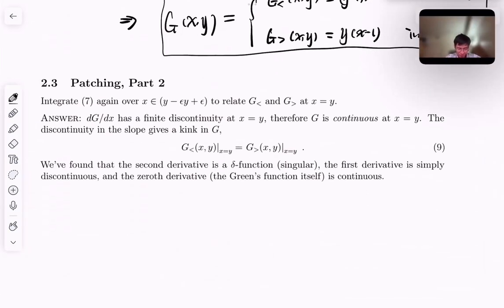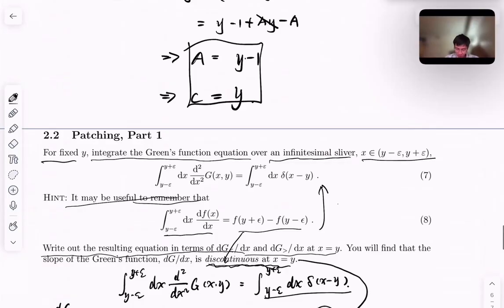And the final 2.3 section, patching part 2, integrate 7 again. Let me have a look. Integrate this again.